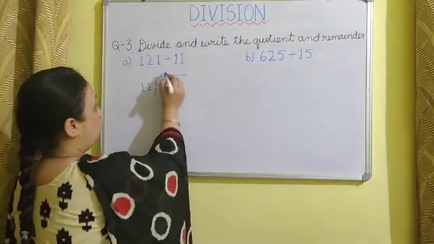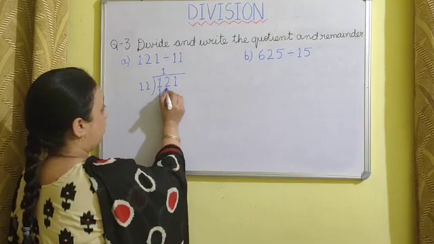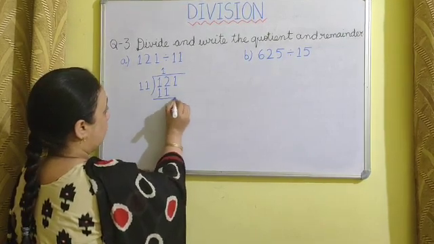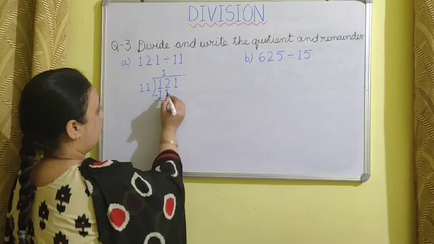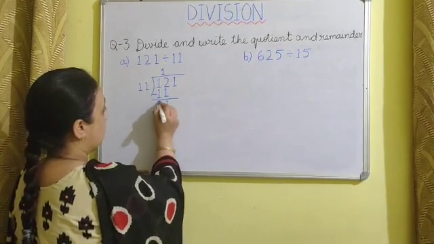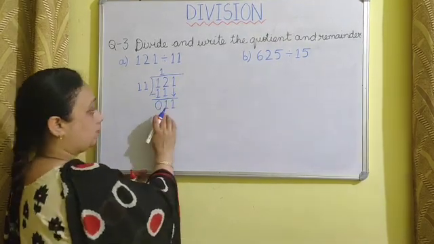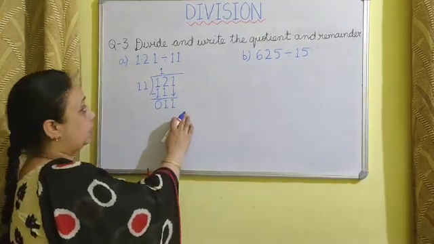11 ones are 11, because 11 twos are 22, which will be greater. So we'll write 11 ones are 11. Now subtract it. 2 minus 1 is 1 and 1 minus 1 is 0. Again we are going to copy down this 1 here and we have the number 11 again here.